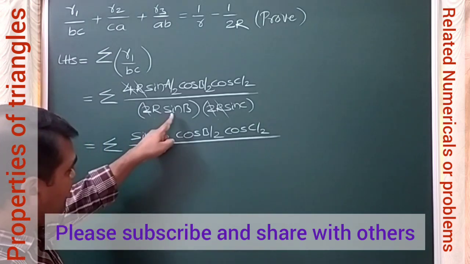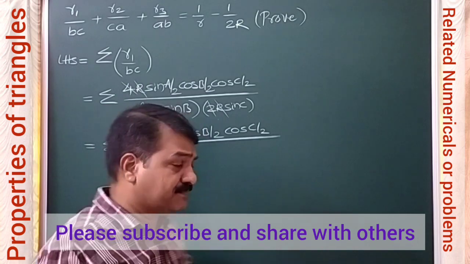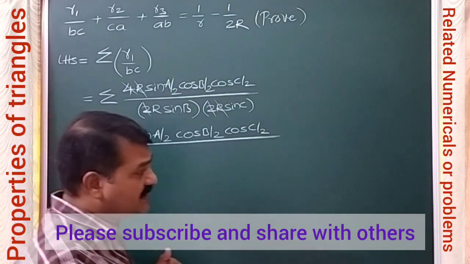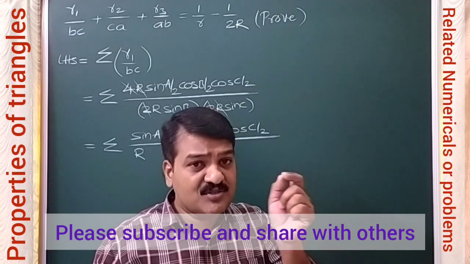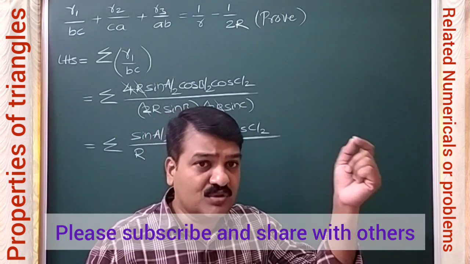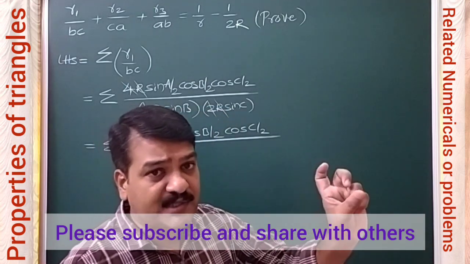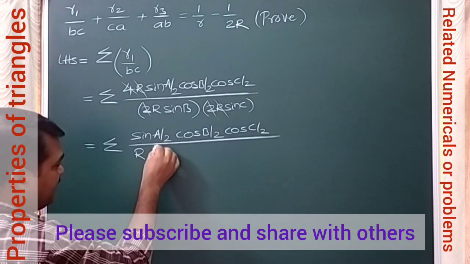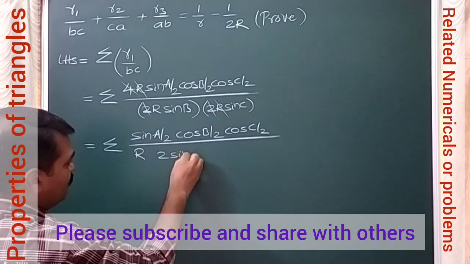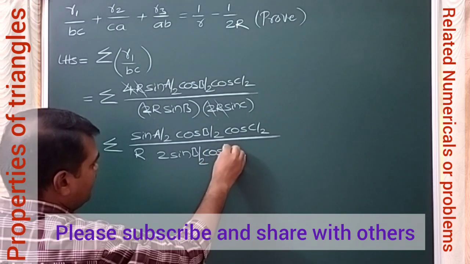Now for this sin B, using multiple and submultiple angle formulas of trigonometry, we know that whenever we have sin theta, we can write it as 2 sin theta by 2 cos theta by 2. Therefore, sin B can be written as 2 sin B by 2 cos B by 2.